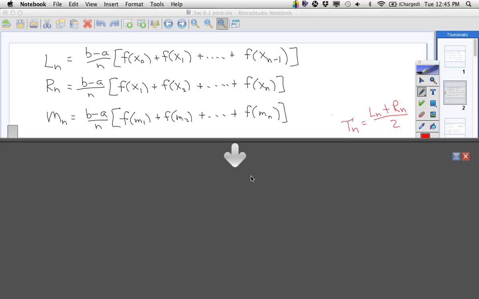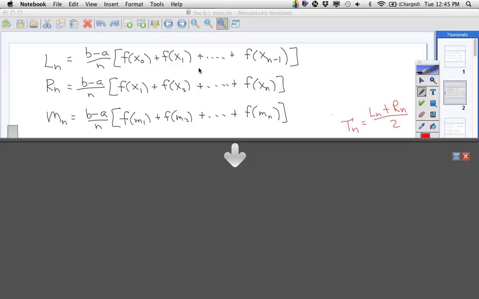This is just an alternate way of writing it. Now, I don't care. If I tell you to do an L3 in the homework, and you want to write height times width, height times width, height times width, that's fine. Or you can pull out the width and do height plus height plus height. Because that's basically what this is, right? We're pulling the width out front, height, height, height.